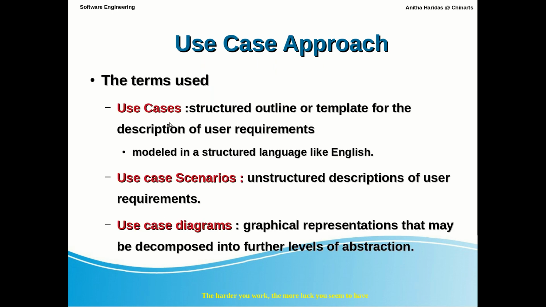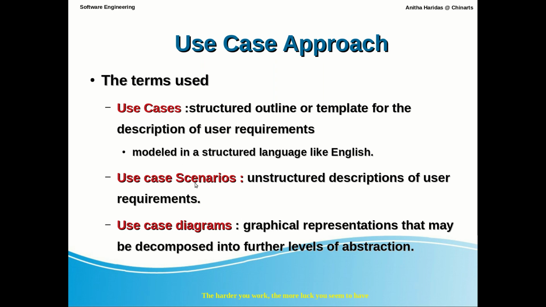The use case describes the structured outline of the user requirements, or I can say it is a template for the description of the user requirements. It is generally modeled in a structured language like the English language. So a use case simply describes the user requirements of that particular system.